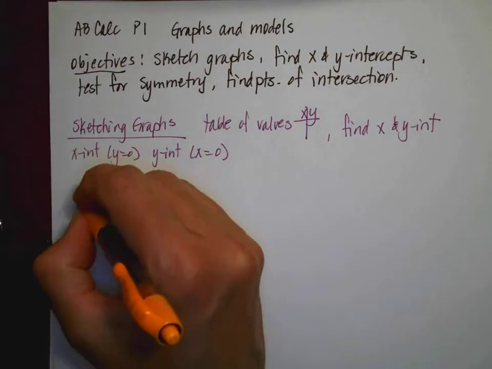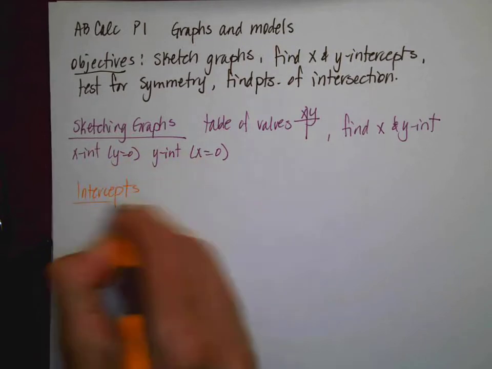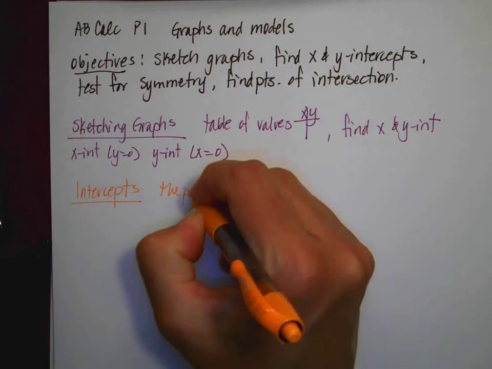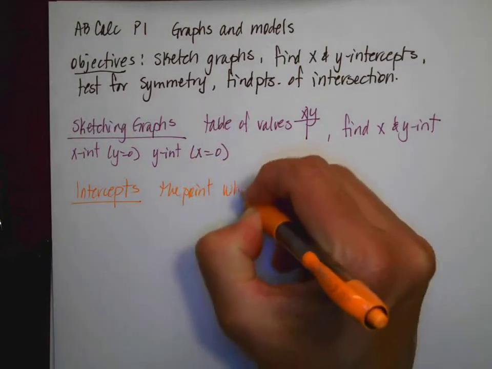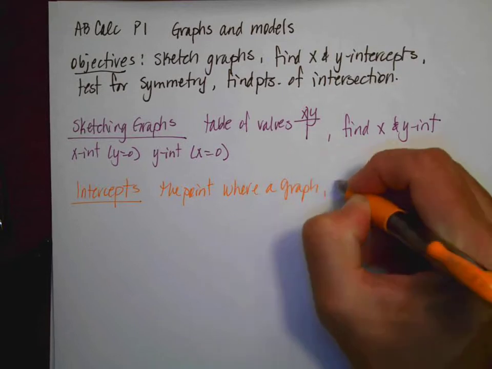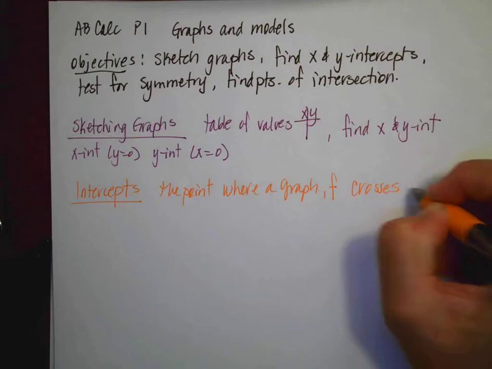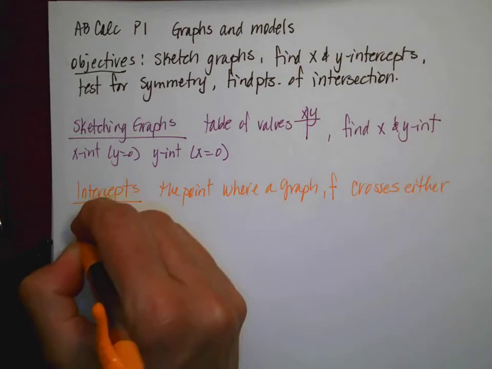Okay, if we're talking about intercepts, this is the point where a graph or a function, whichever you choose to say, crosses either axis.